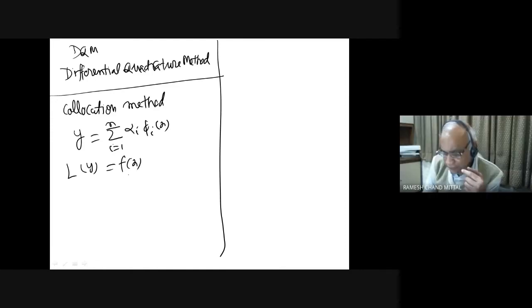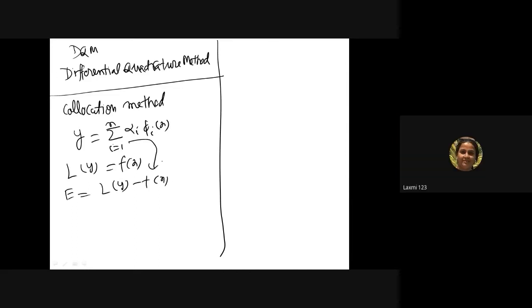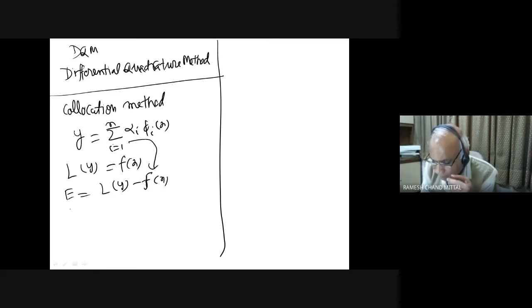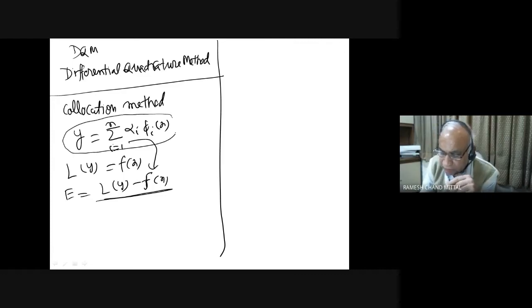There will be an error in Ly minus f(x) with the help of this y. So there will be an error in the solution which I assume in terms of my basis function. My problem is to find alpha i. Since I have n alphas, I have to find n equations.